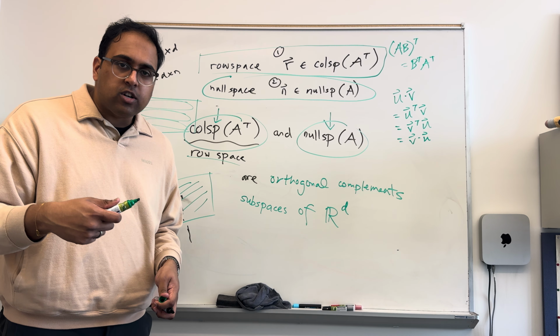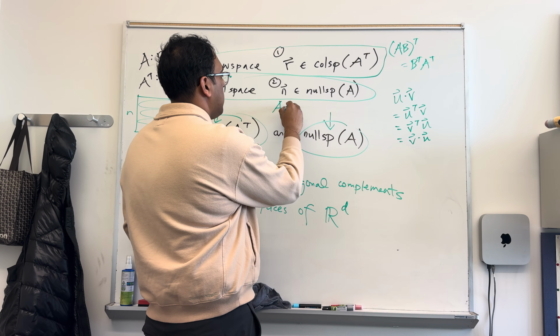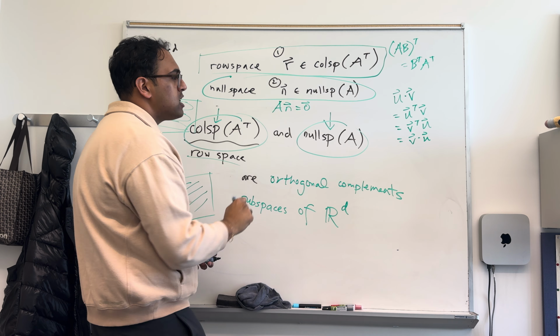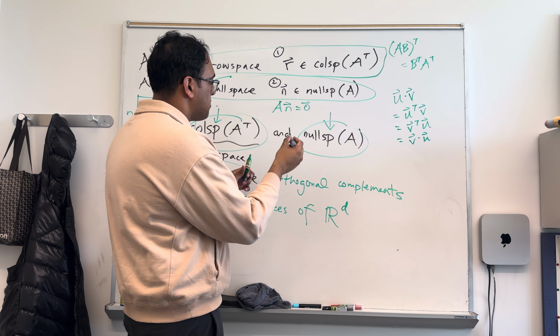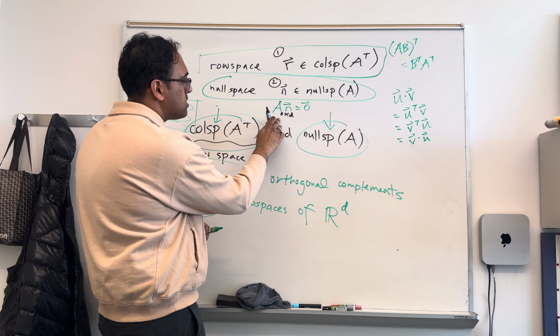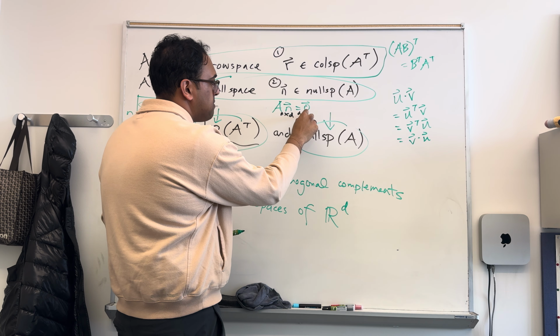And the things in the null space are made up of vectors that it is legal to multiply A by, right? The defining characteristic of n here was that An was the zero vector, but that meant it had to be possible to multiply A by n. And how do the dimensions need to work? Well, if A is n by d, sorry, I'm using n twice here. This is n as in the number, this is n as in the vector. Then this vector n had to be d by 1.